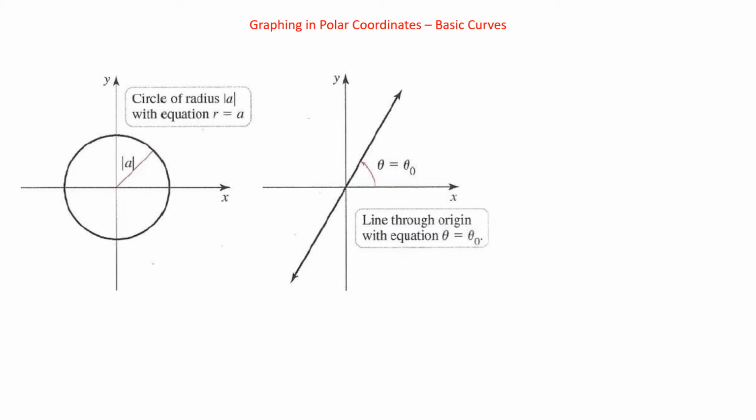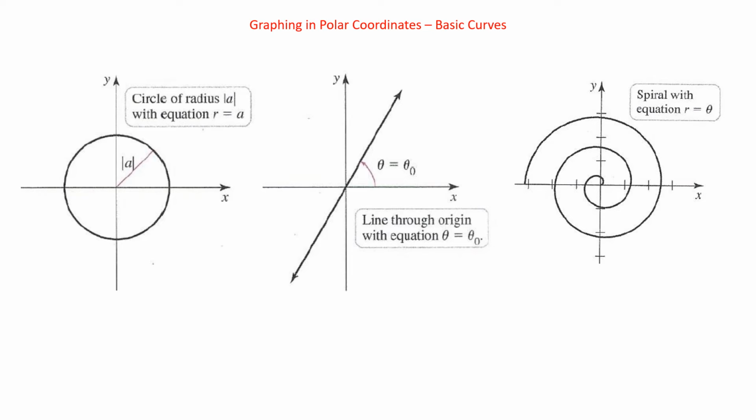And then what if we have both? Let's say r equals theta. So the radius will equal the angle. As the angle is getting bigger, the radius is also getting bigger, which gives us a spiral. The radius equals the angle is a spiral.